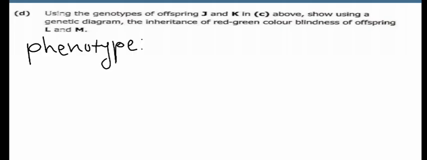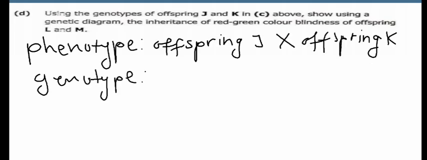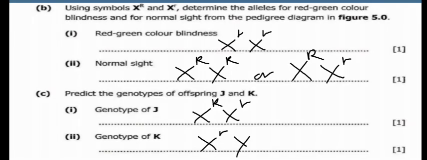So here on this part, we are going to say offspring J. On the genotype part, we are going to use the chromosomes. As for J, is J a male or a female? According to what we have here, J is a female, and we need to use exactly what we have here.